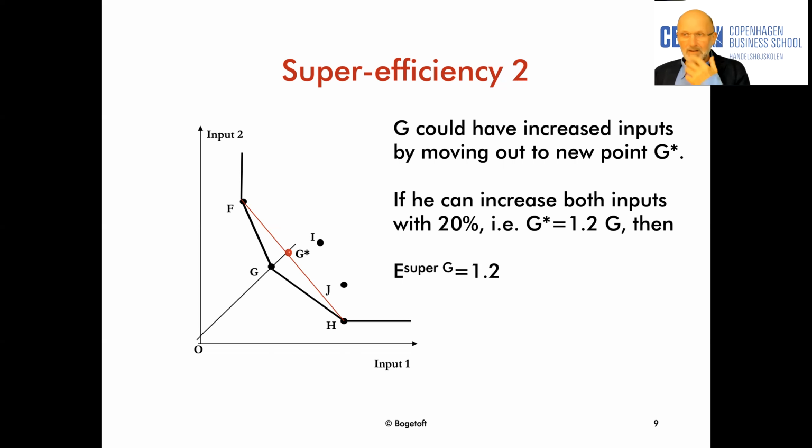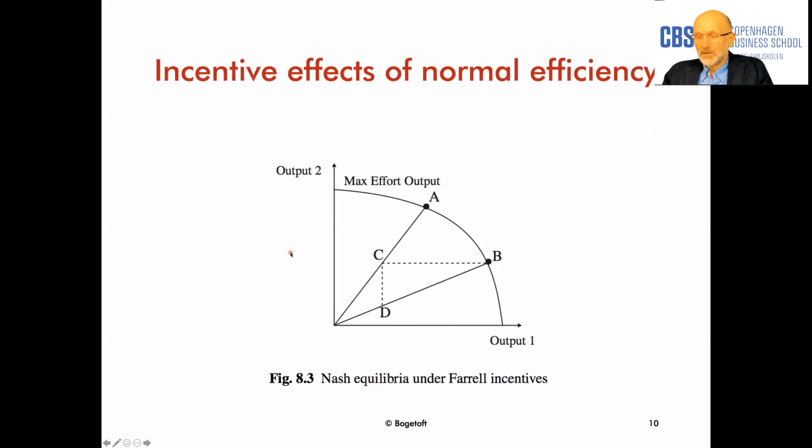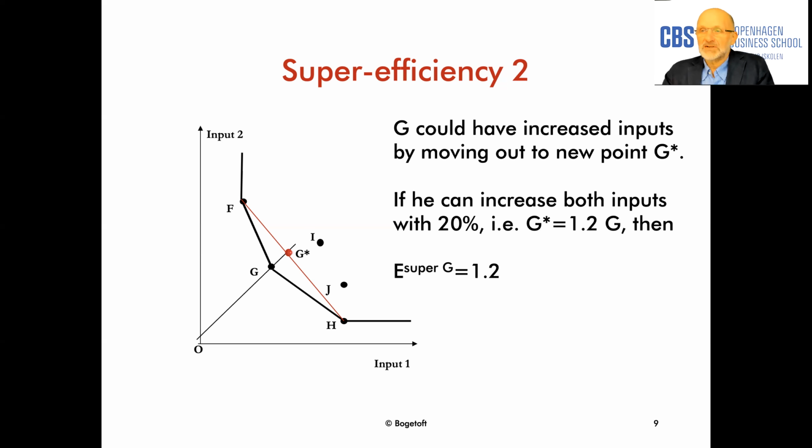Okay, so if we look at the input side as here, we can see that G could have increased the input consumption by moving out to the new point G star. Sorry. So let's assume that that is a 20% expansion. That is, G star is equal to 1.2 times G. Then we say that the super efficiency of this measure is 1.2.